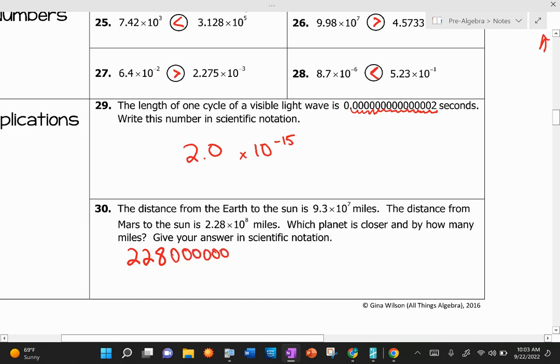228,000,000 minus 93,000,000. So that's 228 million miles minus 93 million miles, which comes out to 135 million miles, which written in scientific notation, 1, 2, 3, 4, 5, 6, 7, 8, is going to be 1.35 times 10 to the 8th power.